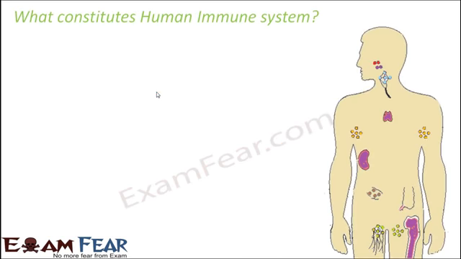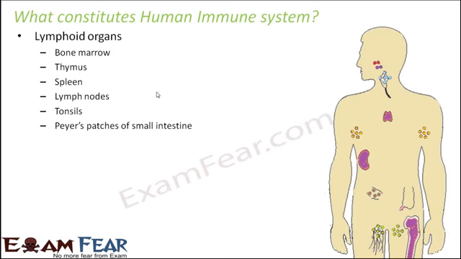The various organs which constitute the human immune system are together known as the lymphoid organs. Why are they called lymphoid organs? Because the immune system is all about the immune response, that is, how it responds to antigens, and the response is given in the form of antibodies. And who produces antibodies? The lymphocytes. So lymphocytes play the most important role in the human immune system.